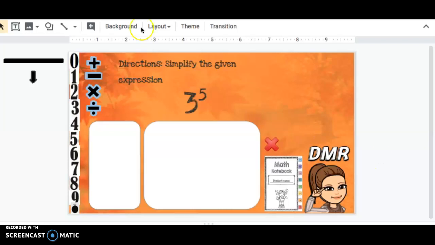So your directions are to simplify the given expression. So we have 3 to the 5th power. Remember that 5 tells us how many times we are going to be multiplying that 3 by itself.